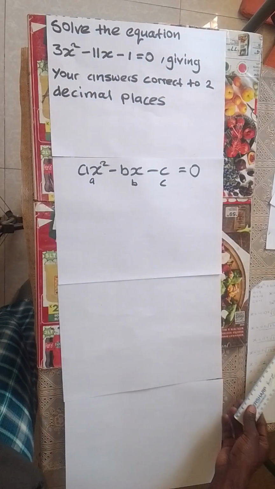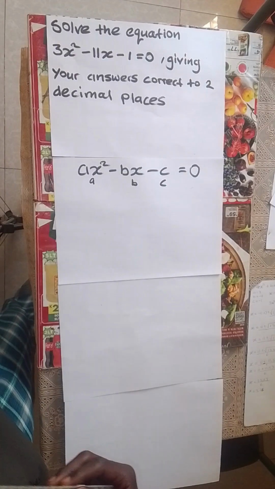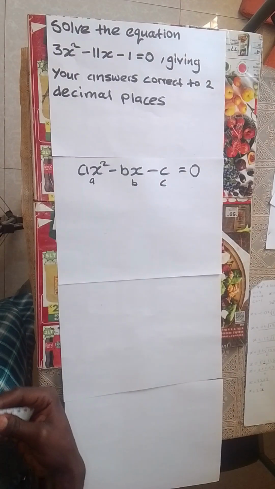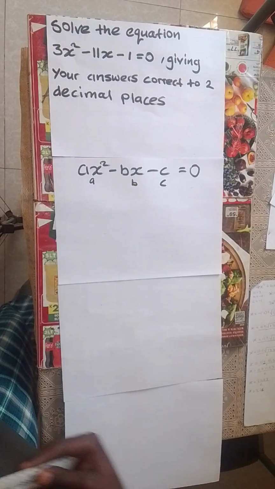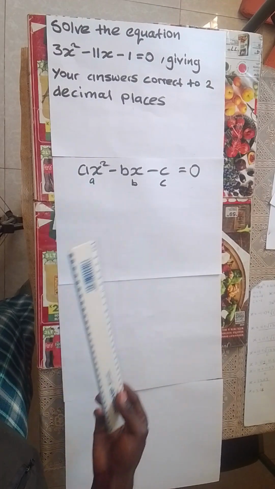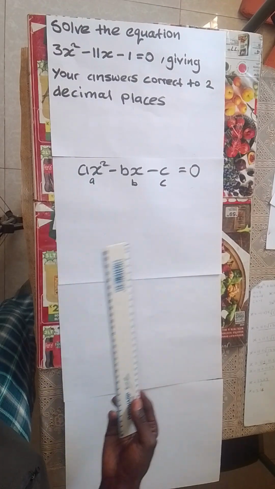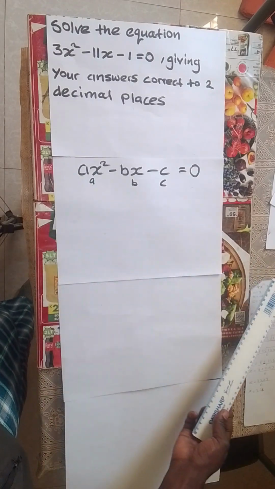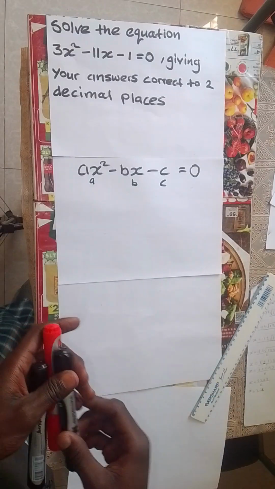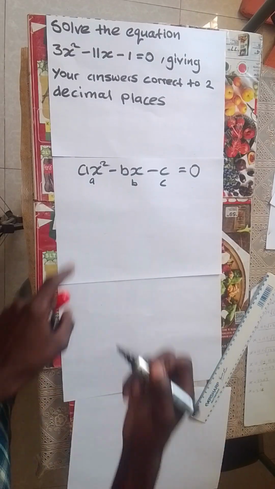Now, before we go into solving, it's very important we identify some things. We have to identify our A, our B, and our C. So here, what is my A?